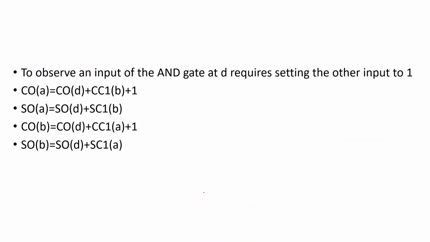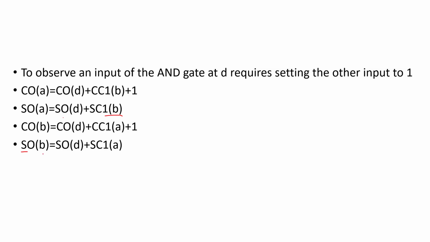And finally, to observe the input of the AND gate at D, we have to set the other input to 1. So the sequential observability of A will be equal to the sequential observability of D plus the sequential controllability of B to 1. Because the output equals A dot B, we can observe A at the output only if B equals 1.